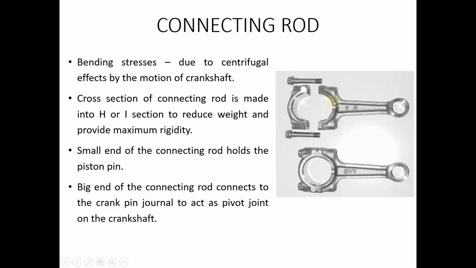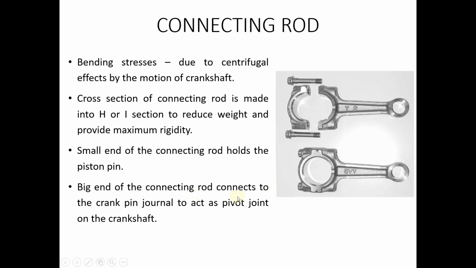Due to this, these two stresses will always be acting on the connecting rod. As I mentioned, it is usually made into an H or I cross section to reduce the weight and to provide maximum rigidity.